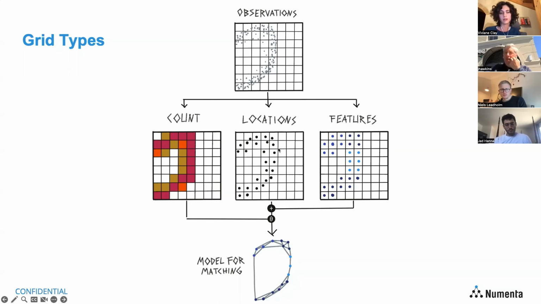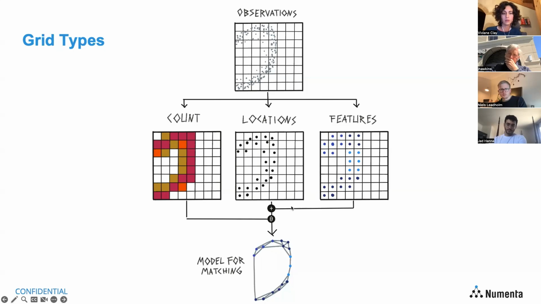Then we have a grid that tells us the average location in each voxel, so we don't just have a gritty looking model at the end, but still preserve some of this continuous location representation. And then we have the average features in each voxel, for example average color or average curvature or whatever features we have.